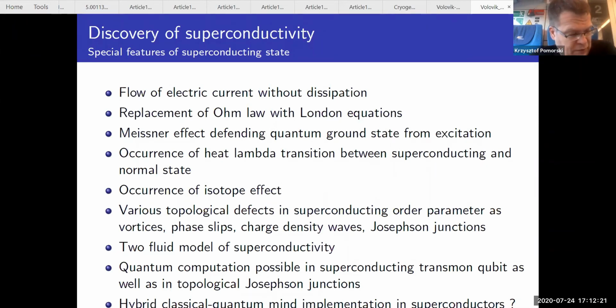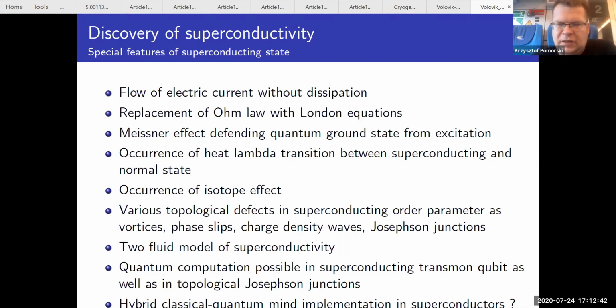So when you measure heat capacity, there is a characteristic increase and drop at the transition from macroscopic quantum effect to normal state. And in case of superconductors, we have occurrence of the isotope effect.